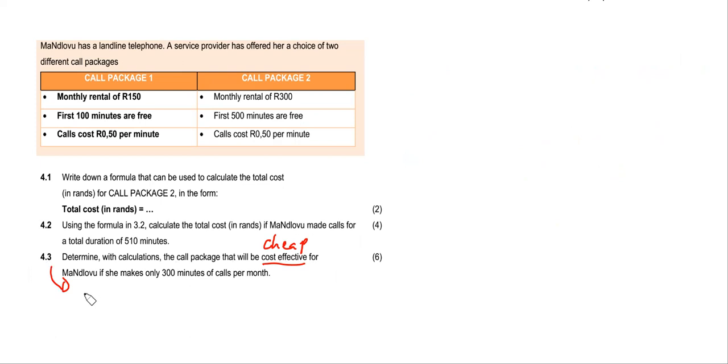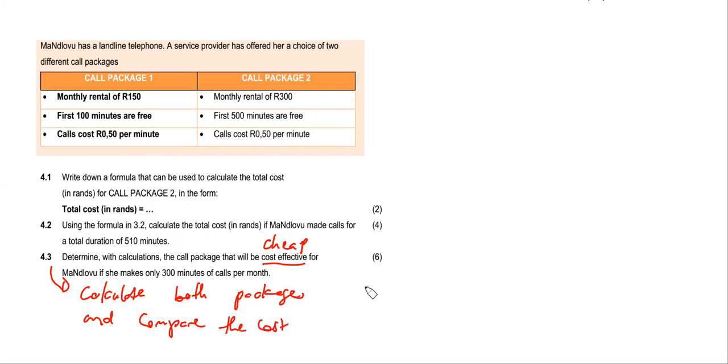You need to calculate both packages and compare the cost. That's all you need to do. You need to remember to conclude which one is actually the best, because some of you calculate both packages, but then you end there and conclude in your head. We need to see it.